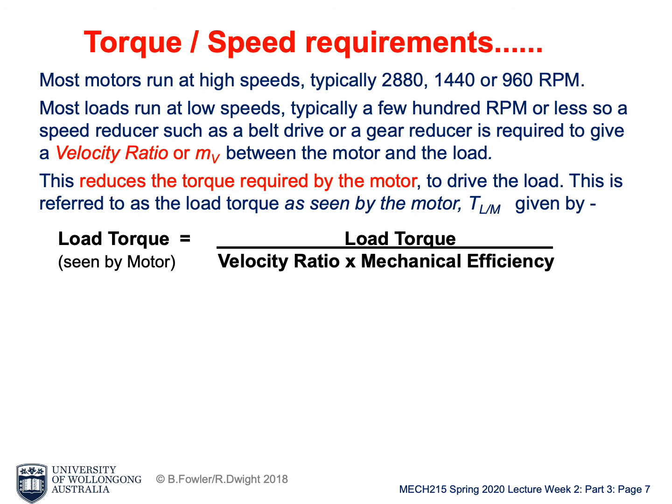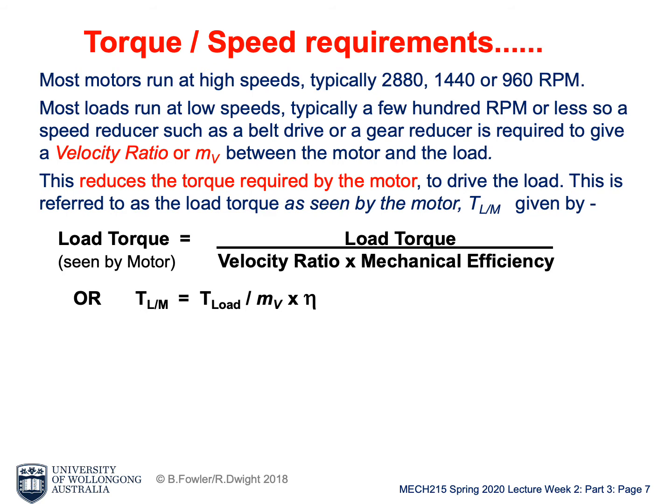So we can do this calculation in a formula. The load torque from the motor side is equal to the actual torque from the load side, divided by the velocity ratio, and also consider the mechanical efficiency here. So in the formula we see TLM, that's the torque of the load seen by the motor.